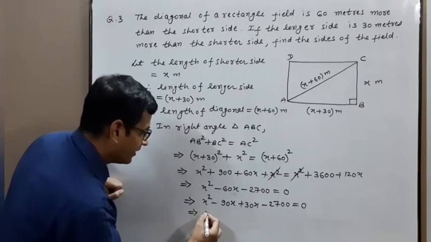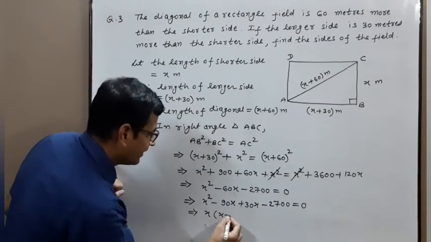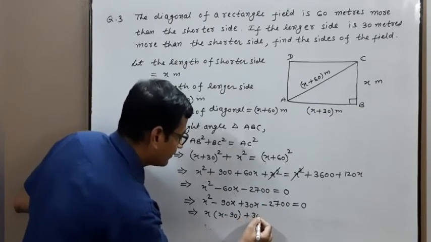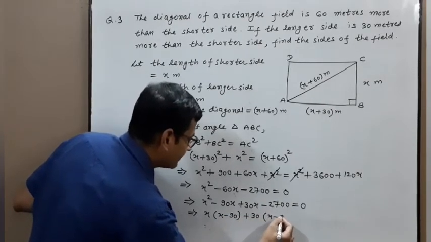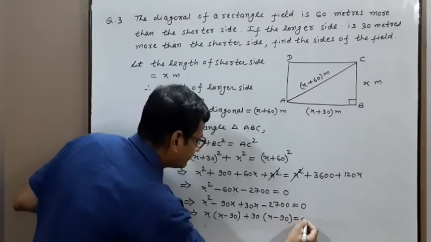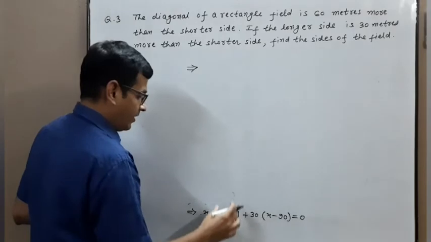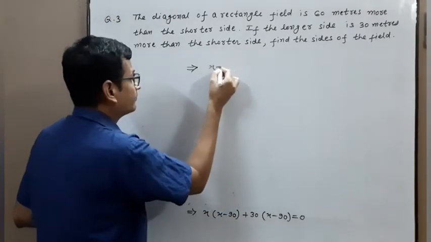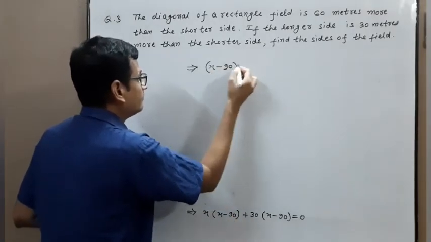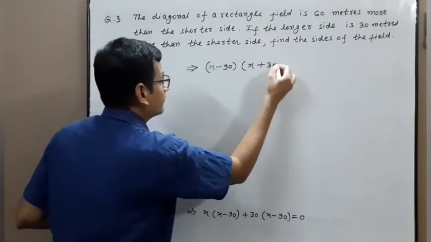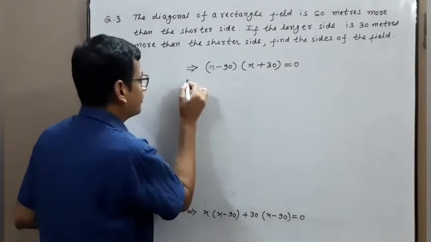Now taking x common, so we get x minus 90, plus 30 common, so we get x minus 90. Next step, x minus 90 common, so we get x plus 30 equal to 0.